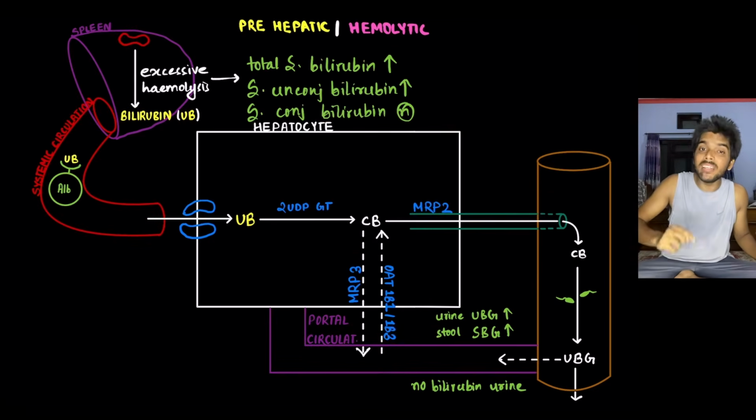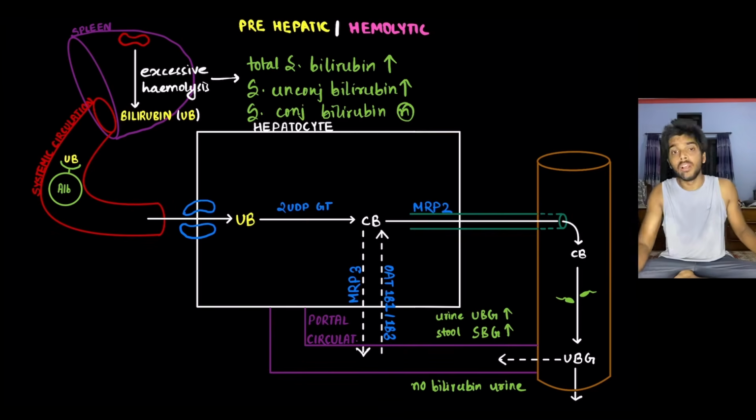So in hemolytic jaundice, there is rise in the level of unconjugated bilirubin in blood, and this unconjugated bilirubin will not enter the nephron, so it can't be in the urine. So urine does not have any bilirubin.